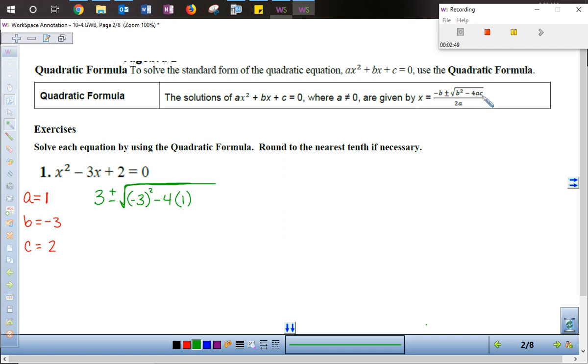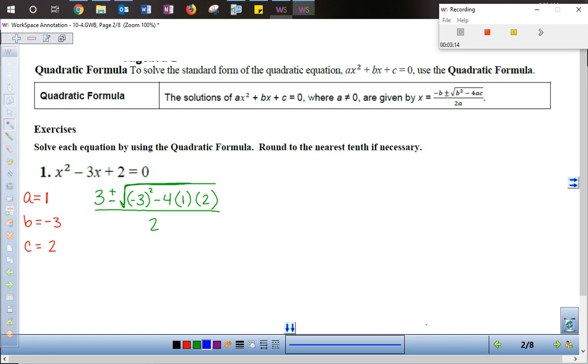And then c is 2. Then we have it all over, so I want to make my fraction bar nice and long, and I want 2 times my a value. Again, we said my a value was 1, so I'm just going to go ahead and multiply that by 2 right away. 2 times 1 is 2. So this is what it looks like when I have all of the numbers substituted into my formula correctly.